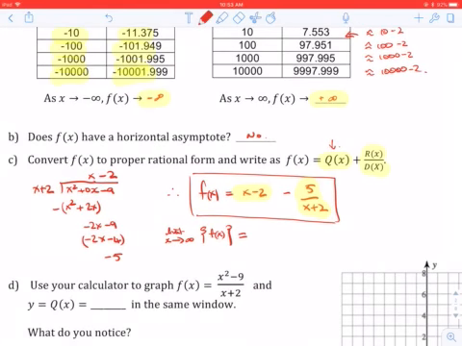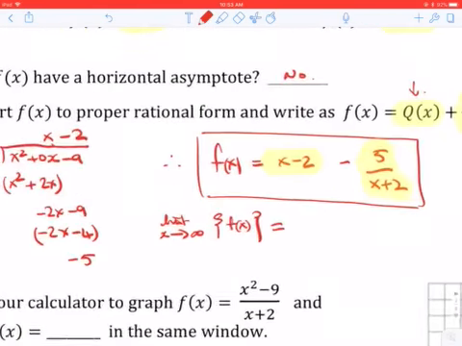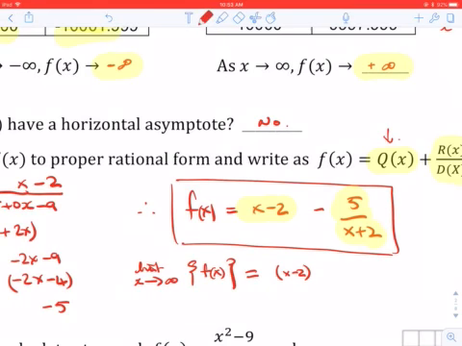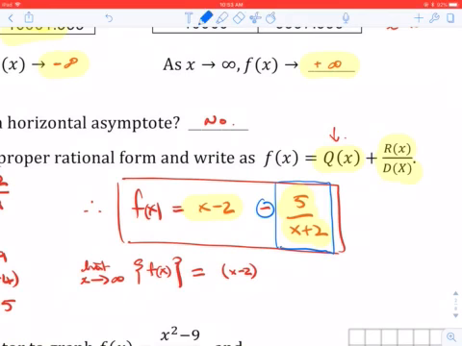So if we wanted to analyze our limit a little bit better, what we can say is that the limit as x tends towards positive infinity, well, the function approaches x minus 2, and we can now take a look at this other piece right here and say, okay, if I was to plug infinity into that, negative 5 over infinity plus 2 is approximately 0, but it will be negative.